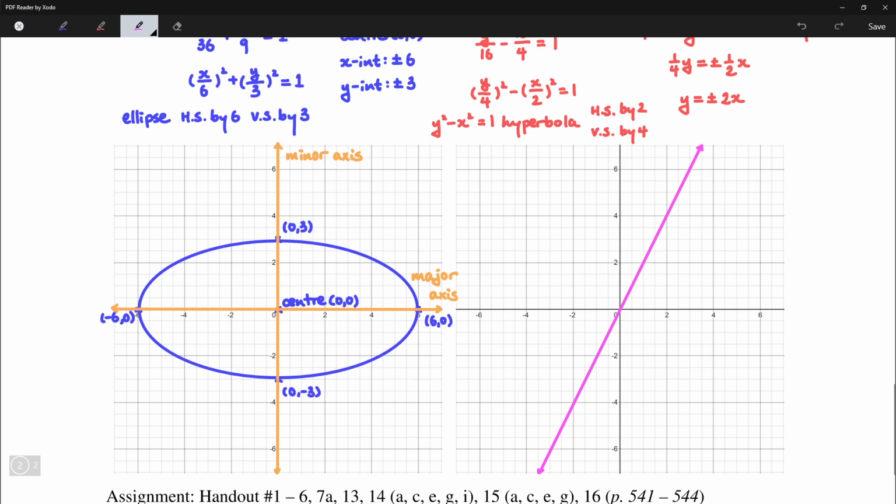So of course it goes through 1, 2, 2, 4, and 3, 6, and also on the negative side.